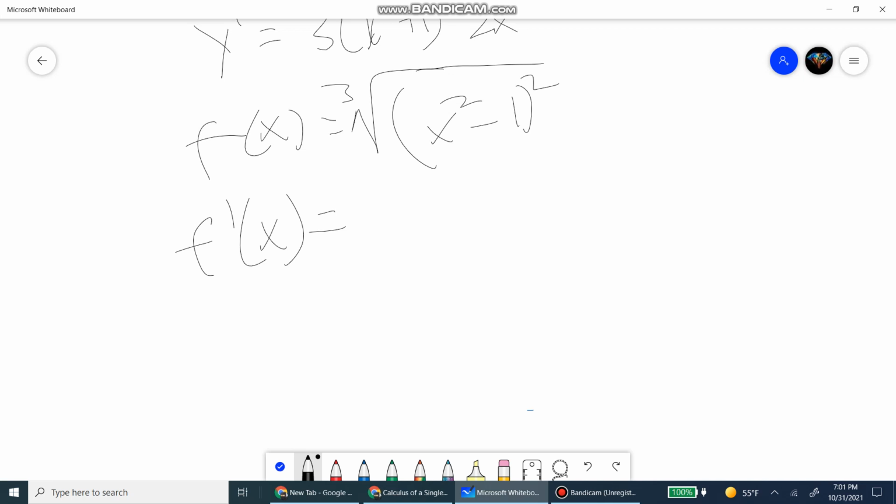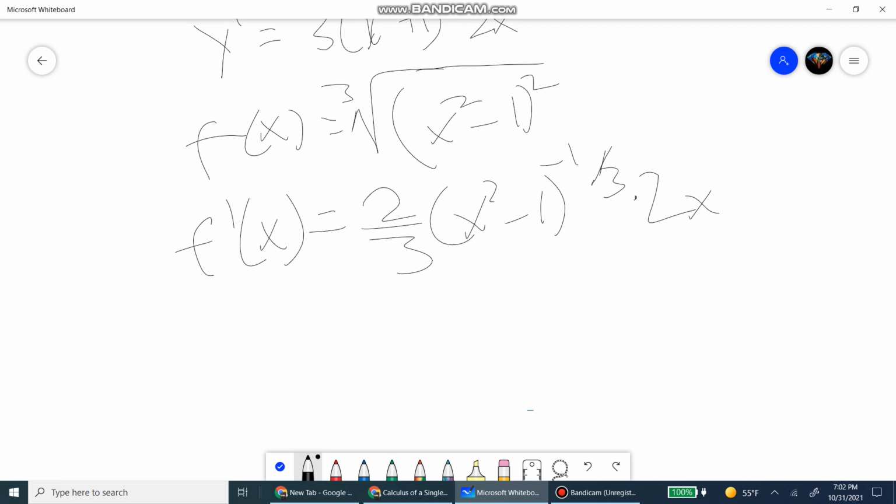So it's (x squared minus 1) to the 2/3 power. Outer function, you put the 2/3 down, then (x squared minus 1) to the negative 1/3 power, right? You just subtract 1 from 2/3. And then you multiply by the inner function. Inner derivative is 2x. Cool? So you just multiply that out. The cube root of x squared minus 1 goes on the bottom. But yeah, you just multiply that out.